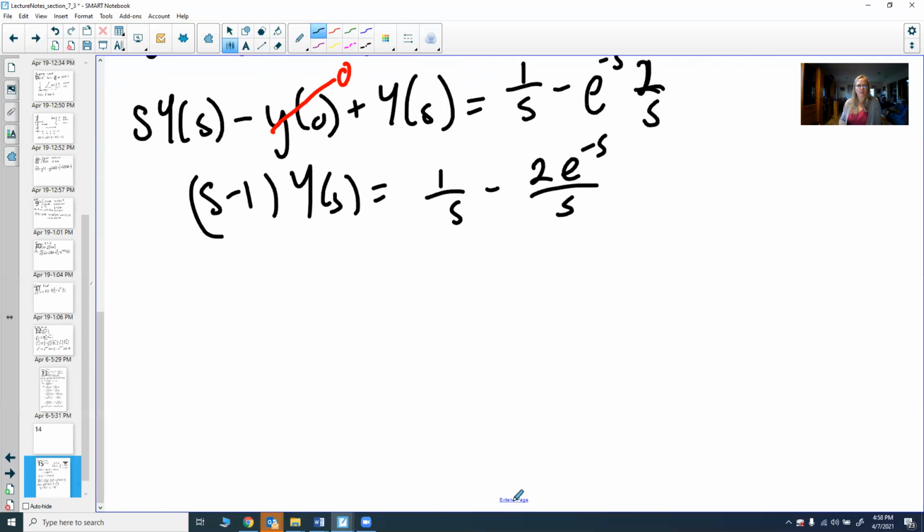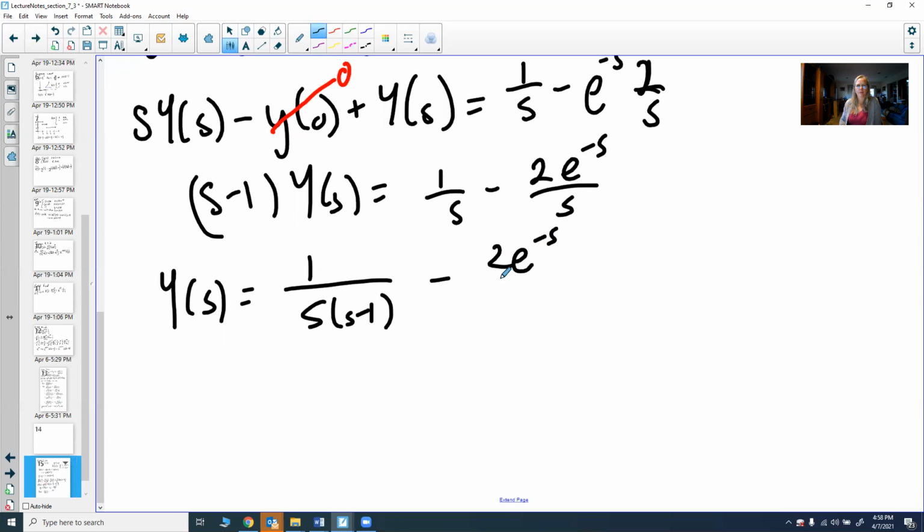Get Y of s by itself again. So it's 1 over s times s minus 1, minus 2 e to the minus s over s times s minus 1. Again, you're now going to take out your calculator and ask your calculator what this is.